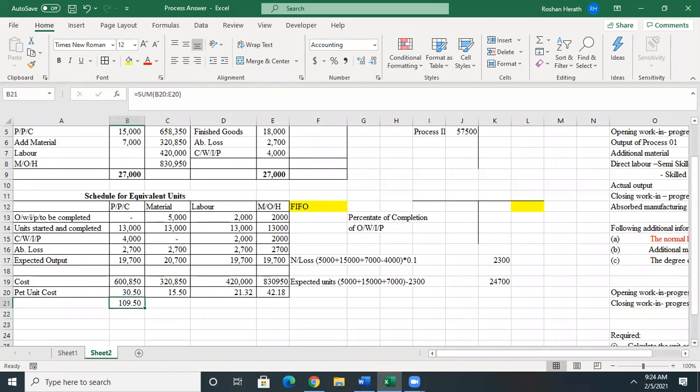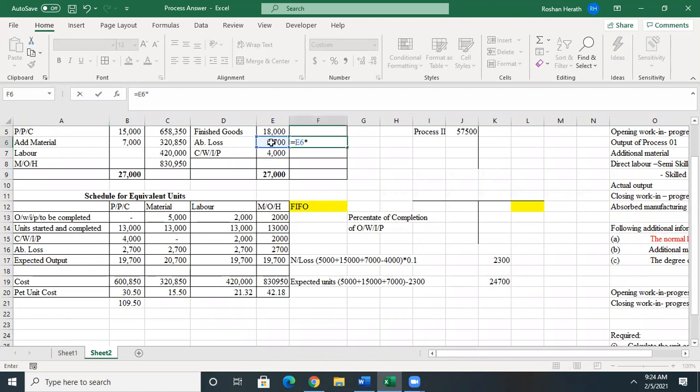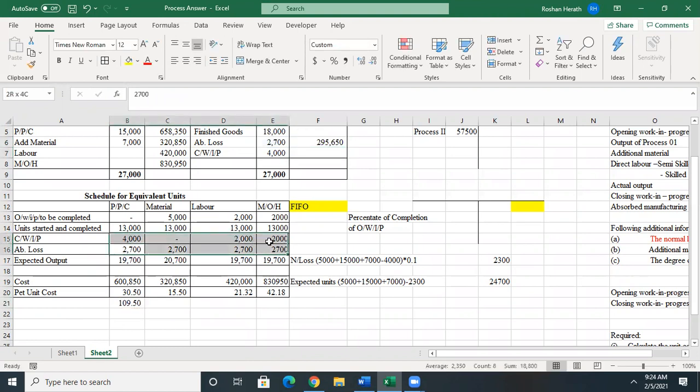Because now let us go and value the things. So when it comes to abnormal loss, that is the easiest one to value. So you take this 2.7 into 109.5. 295,607, because with respect to everything, the same percentage is there, same units is there.